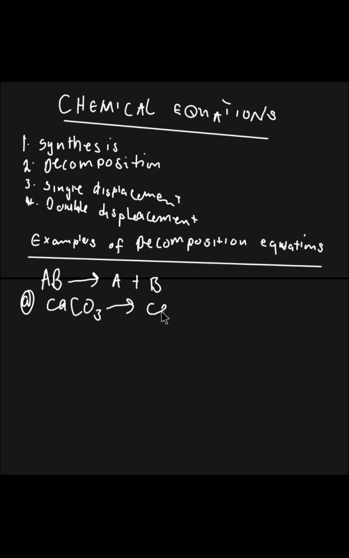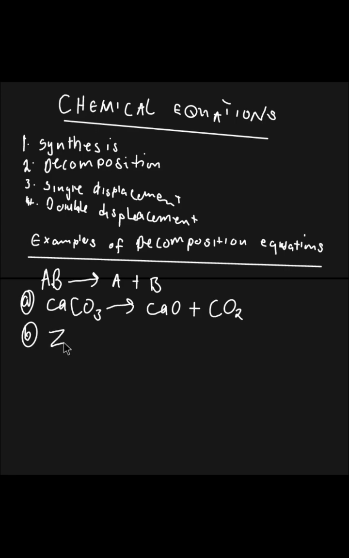Calcium carbonate can break down to simpler compounds of calcium oxide, and always remember that the plus shown on the direction where the arrow is pointing is read as "and". So calcium oxide and carbon dioxide. These are the products that are formed from a larger compound. So this is what we meant.